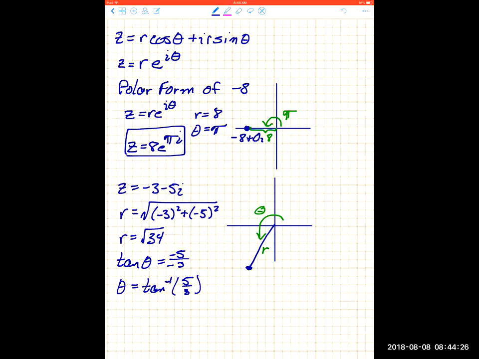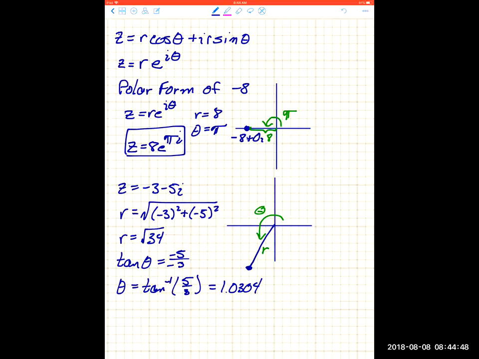If you plug that into your calculator, you will get 1.0304. Now we just need to do a quick mental check and see what quadrant that puts us in. Well, 1.0304 is less than pi. In fact, it's less than pi over 2.